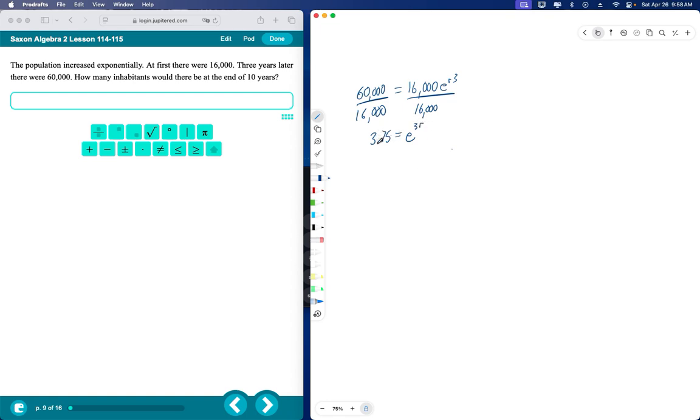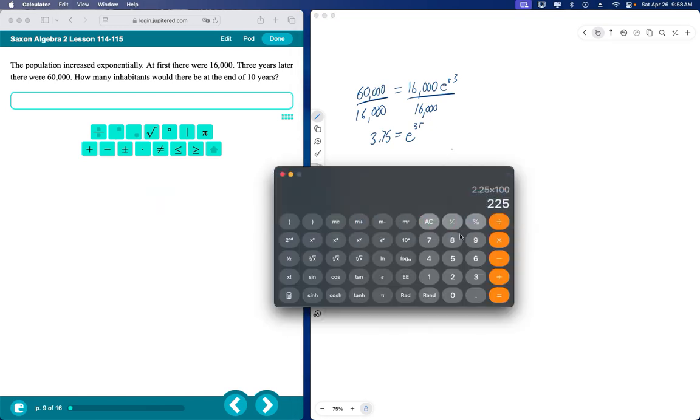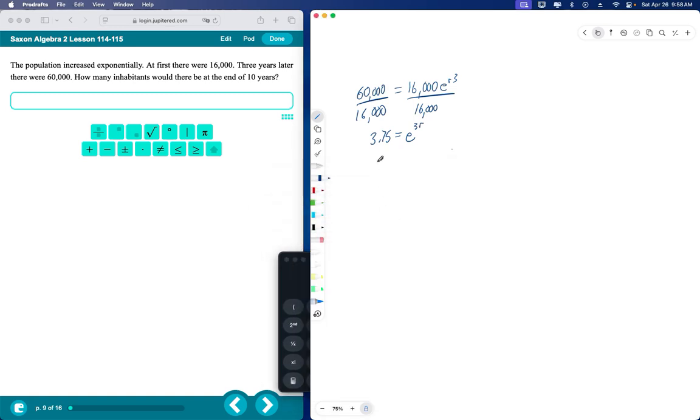All right, so I need to put this in E format. So I like this calculator for logarithms. So 3.75 log 10 equals, oh, that's the wrong number. It should be 3.75 log 10. Is it log 10? No. 3.75 ln gives you the E exponent. So 1.32.